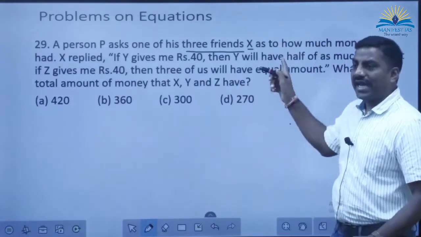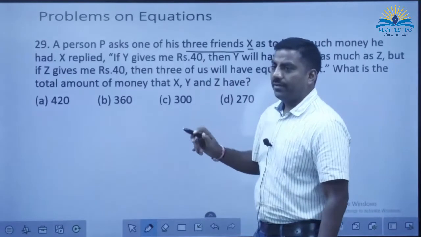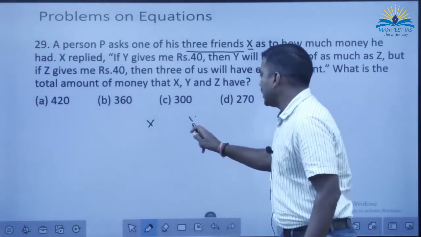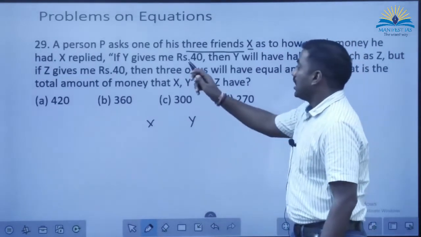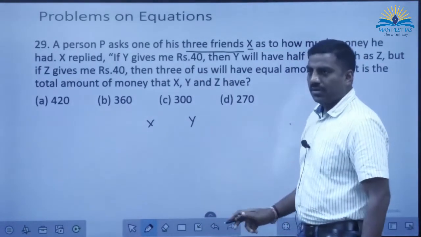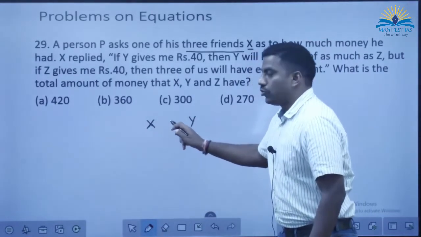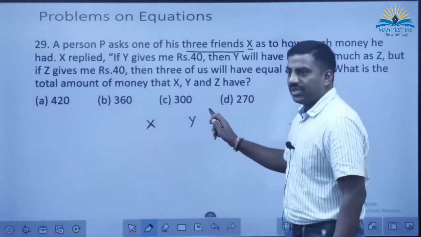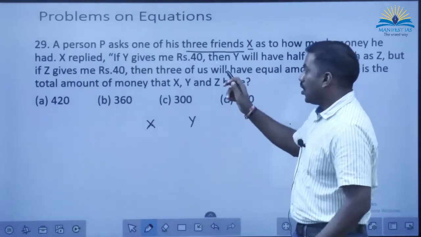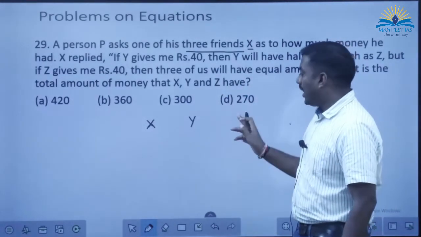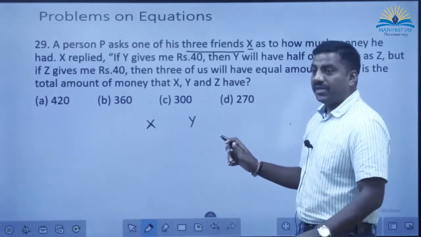P is asking X. X replied, X is there, Y is there. If Y gives me 40, let's say right now X has rupees X and Y has rupees Y. If Y gives me rupees 40, that means what? Y is giving X rupees 40.